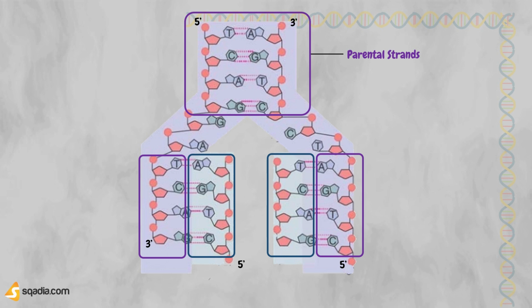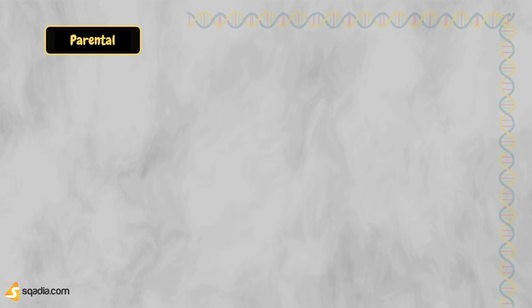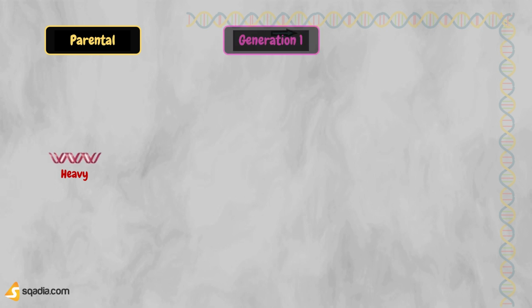If the parental DNA carries a heavy density label because the organism has been grown in a medium containing a suitable isotope of nitrogen, its strands can be distinguished from those that are synthesized when the organism is transferred to a medium containing light isotopes.